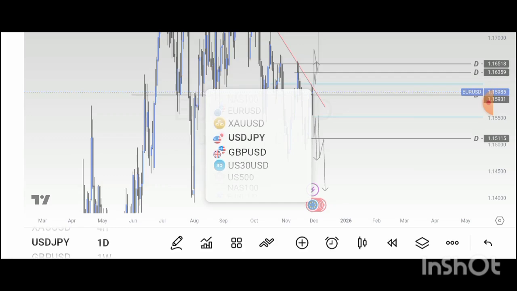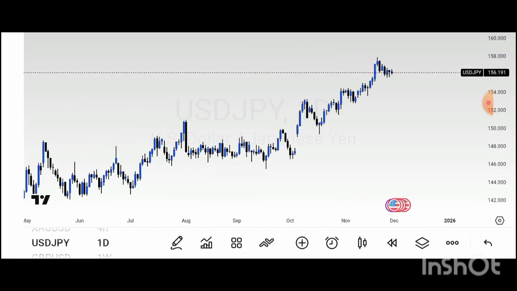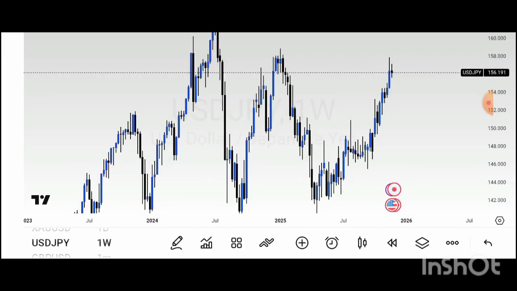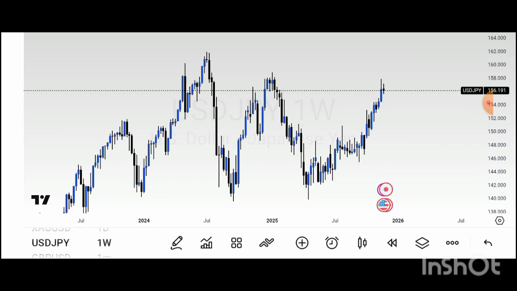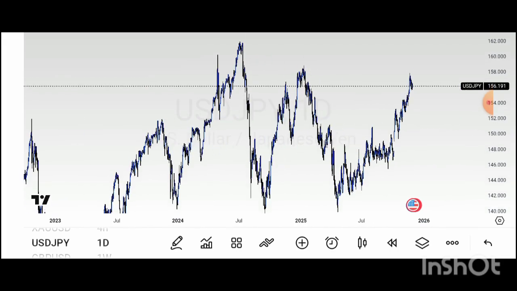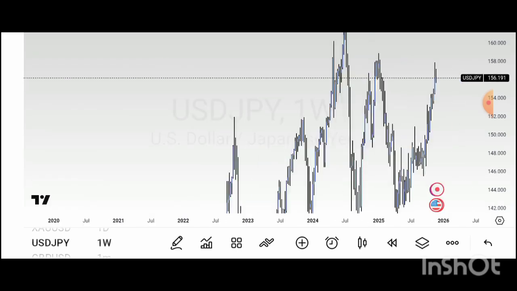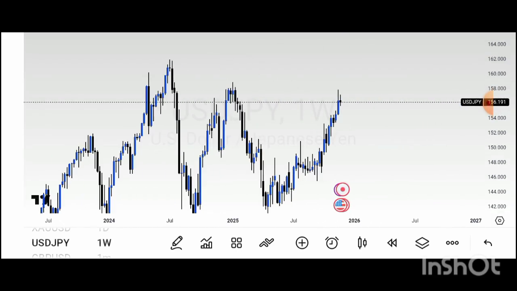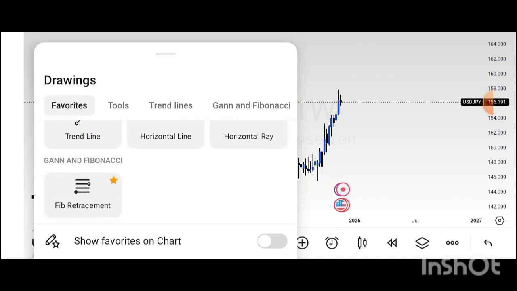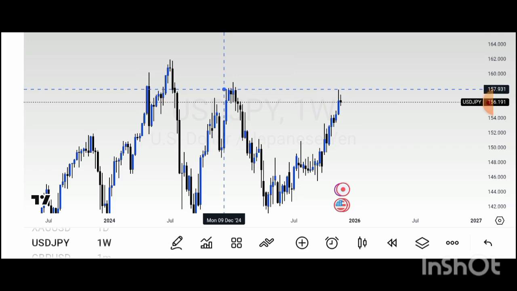So let's look at JPY. Let's analyze JPY. There's a reason I'm taking JPY from the weekly time frame, because on the daily we are not seeing it here very well, but you can still take it from here anyway. But then let's just take it from here and see how it goes. So now if you come to USD JPY, you see that this is a key level.